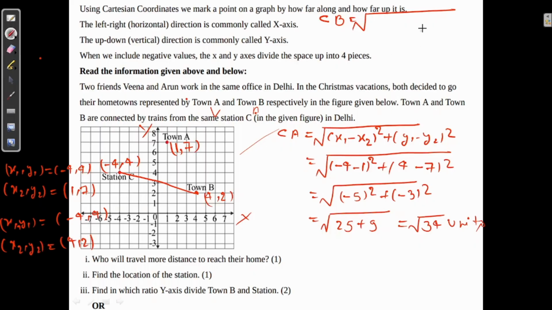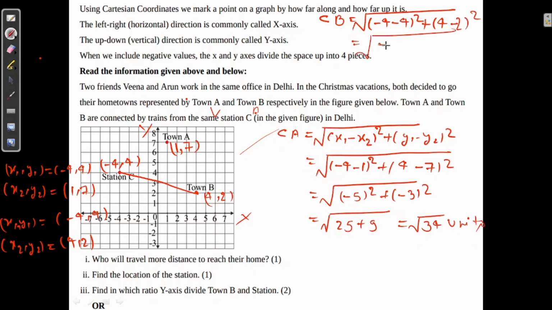I am not writing the formula one more time, but you have to write. The value of x1 is minus 4, the value of x2 is 4, the value of y1 is 4, and the value of y2 is 2. So now I have kept the values. Just let us solve it.